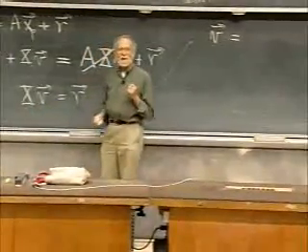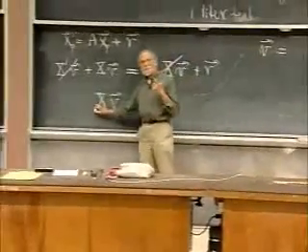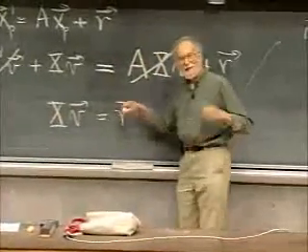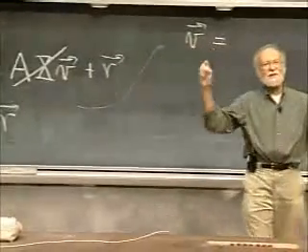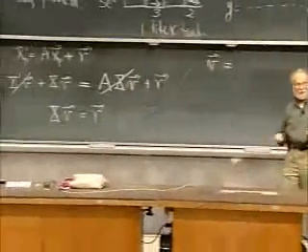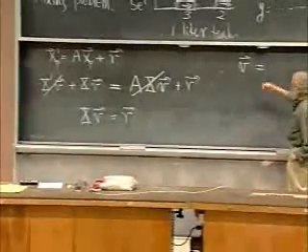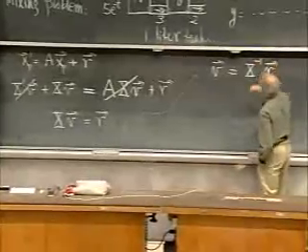On the left or on the right? Has to be on the left. Multiply both sides of the equation by X inverse on the left, and then you'll get v prime is equal to X inverse r.